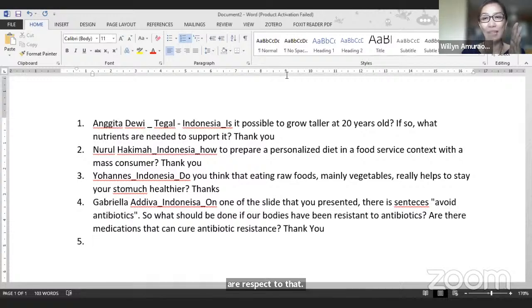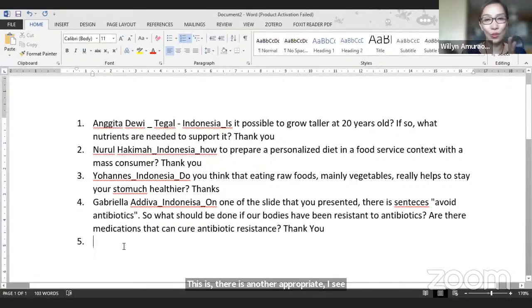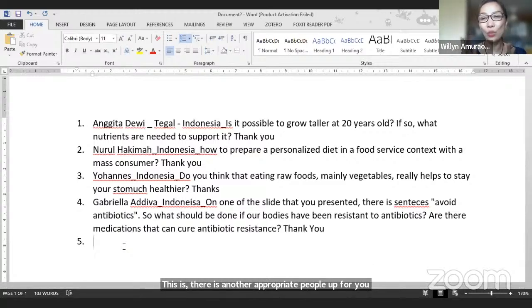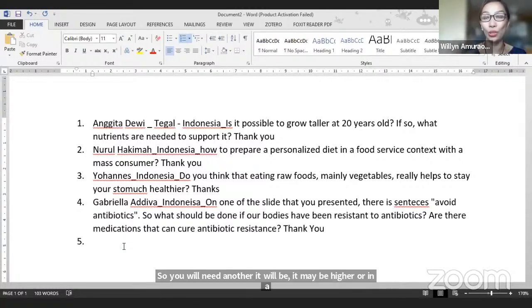But if you again suffer from that disease, there is another appropriate antibiotic for you to be used. It means that you are resistant, your body will no longer respond to that certain antibiotic, so you will need another antibiotic, higher or lower, that will cure your disease.